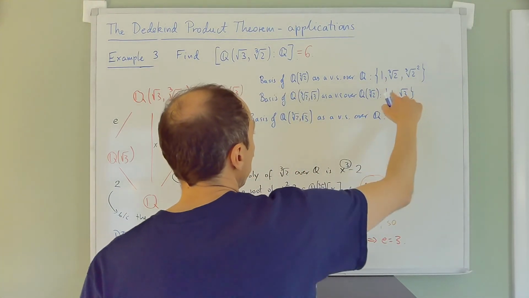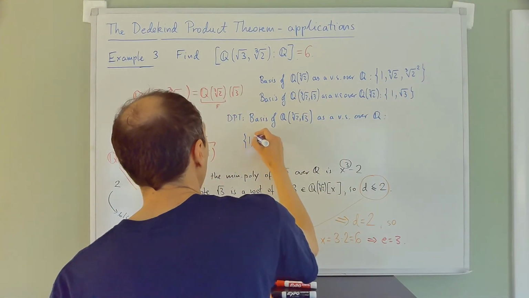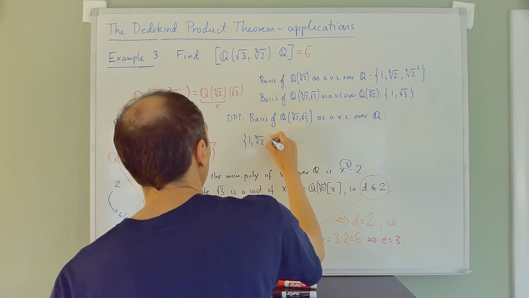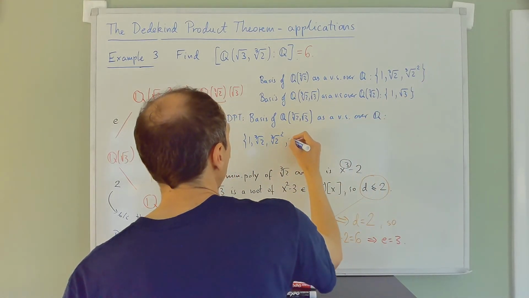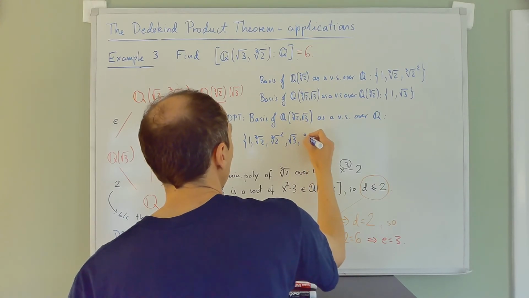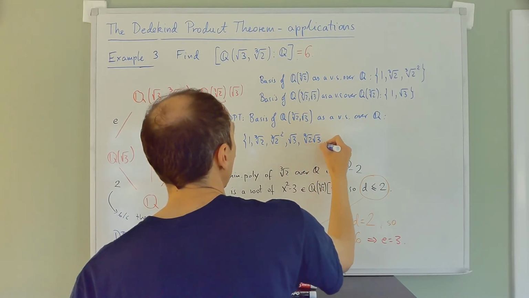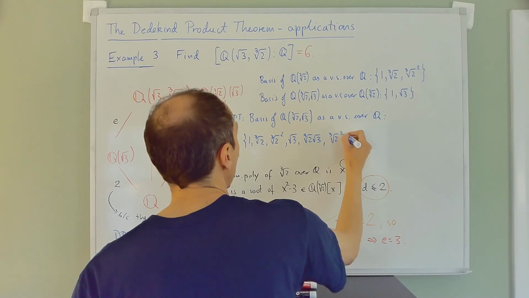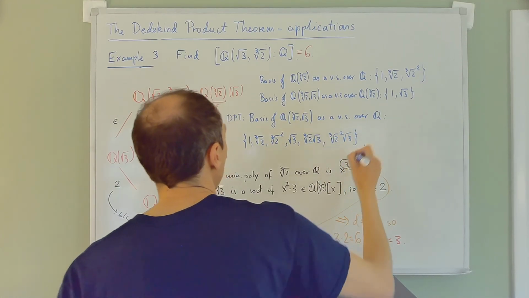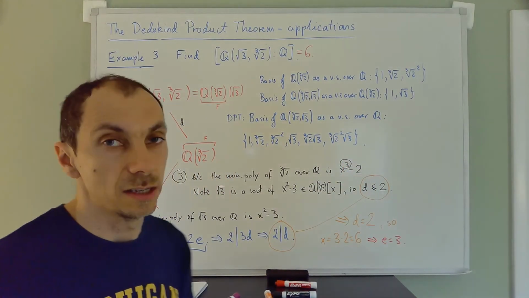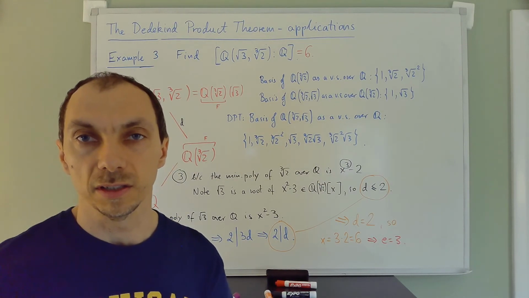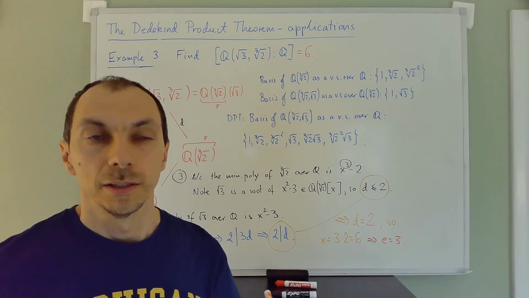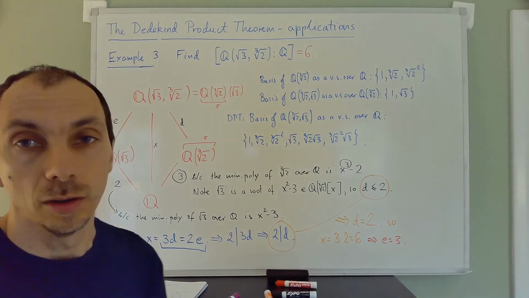So each of these elements multiplied by 1, and then each of these elements multiplied by radical 3. Six elements in the basis. The dimension of Q adjoin cube root of 2 comma radical 3 is 6 over Q. So it's all consistent.